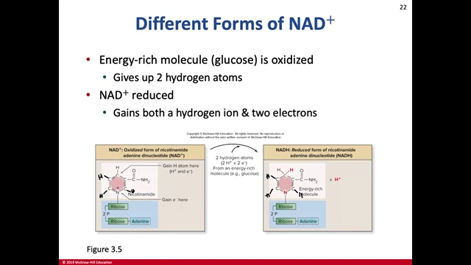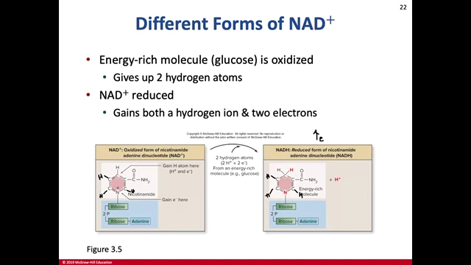And we'll count the number of carbon-hydrogen bonds here in order to determine the energy content. 1, 2, 3, 4, 5, right? Whereas over here you had 1, 2, 3, 4, all right? So this has more energy because it's got more carbon-hydrogen bonds, okay? More energy, and so it's more reduced.